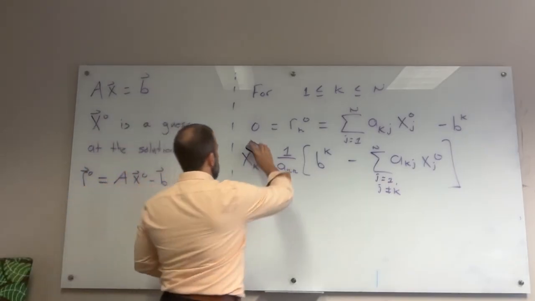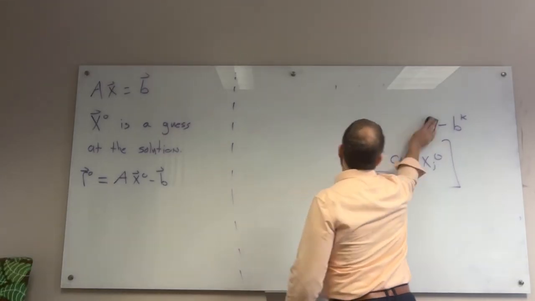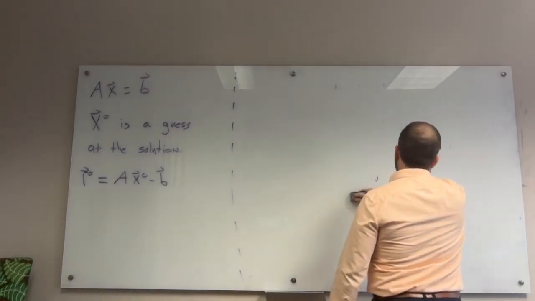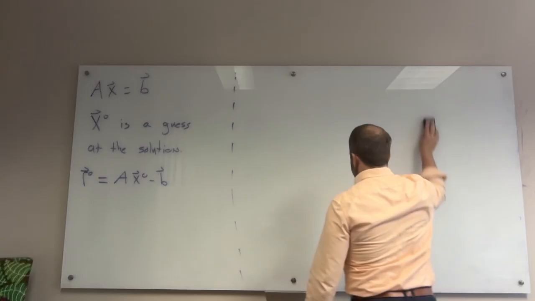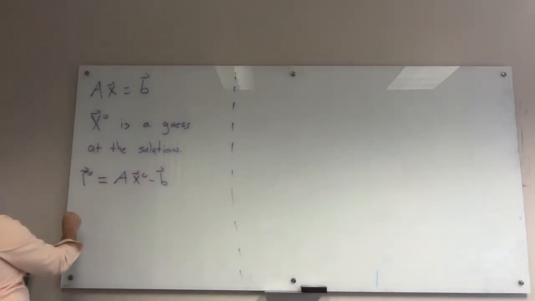Let me show you another way that we can think about this. We can write our matrix A in the following way.